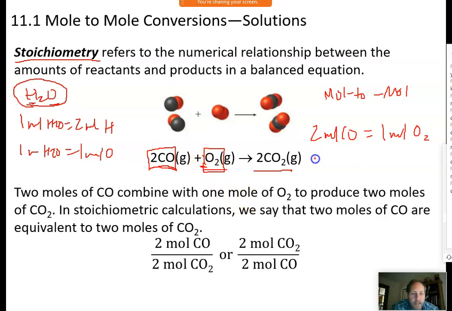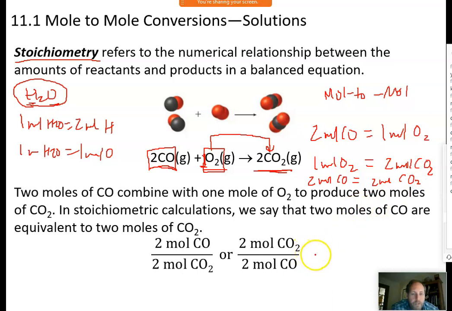Or you can say 1 mole of O2 produces 2 moles of CO2. So I'm comparing my O2 versus my CO2. One of these makes twice the amount of those. And then the last mole-to-mole conversion is 2 moles of CO make 2 moles of CO2.